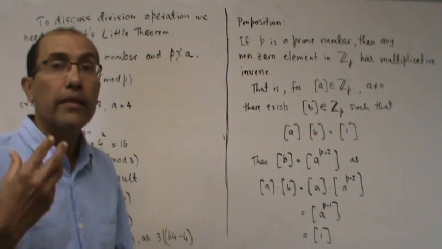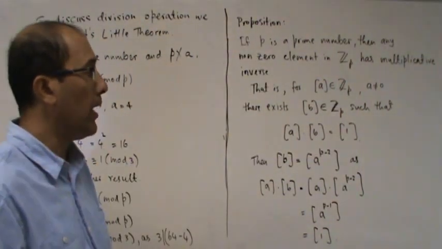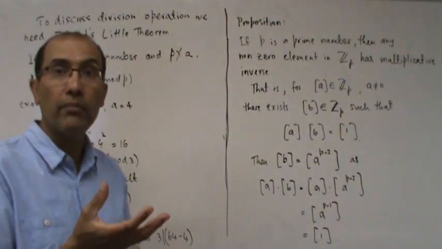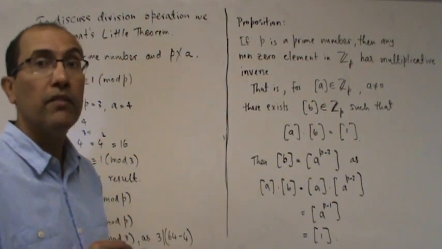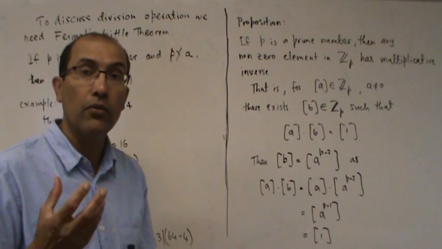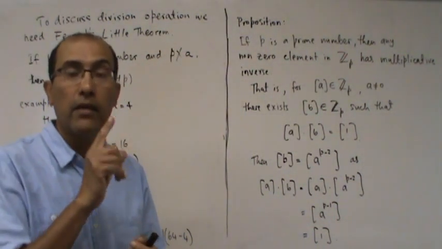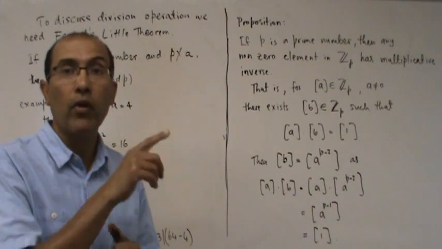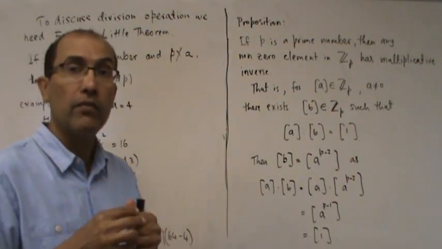proposition that if P is a prime number, then the non-zero elements do have multiplicative inverses, which is quite different to integers, because if you look only at integers, only 1 has a multiplicative inverse. 1 times 1 is 1. For no other integers are there multiplicative inverses.